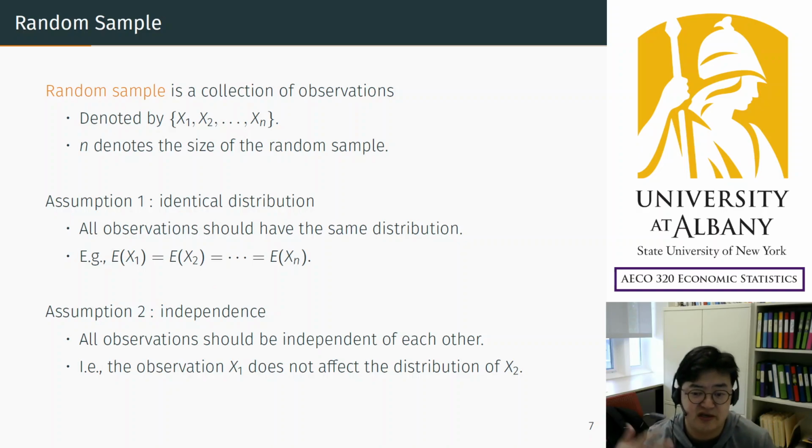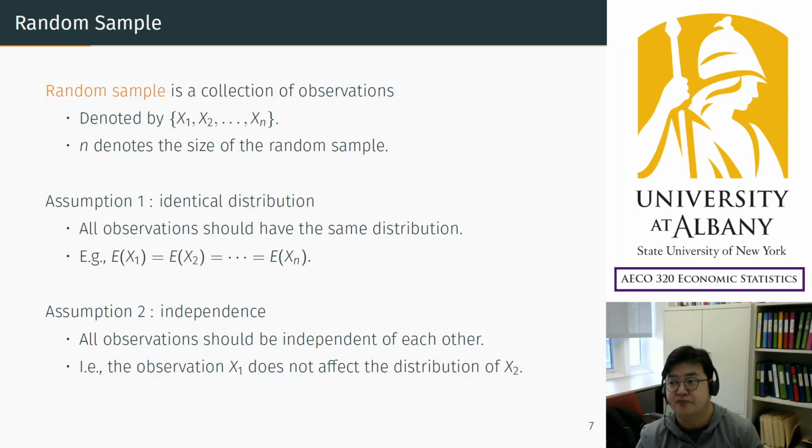Similarly, same variance, same distribution is considered. So everyone has the same distribution. And the maybe more important assumption is assumption 2, independence. All observations should be independent of each other.